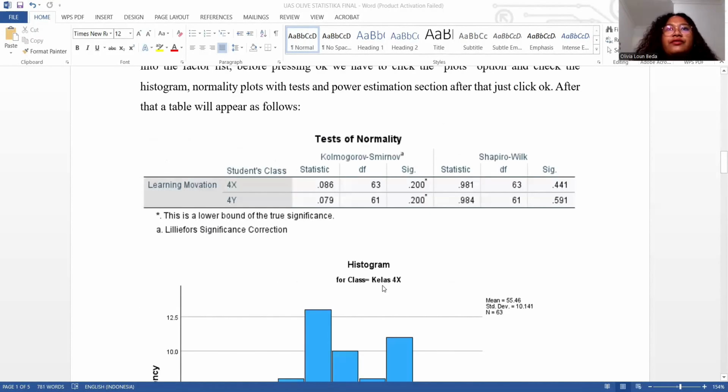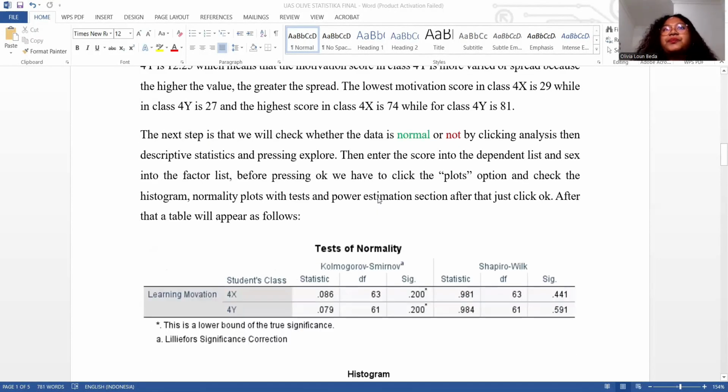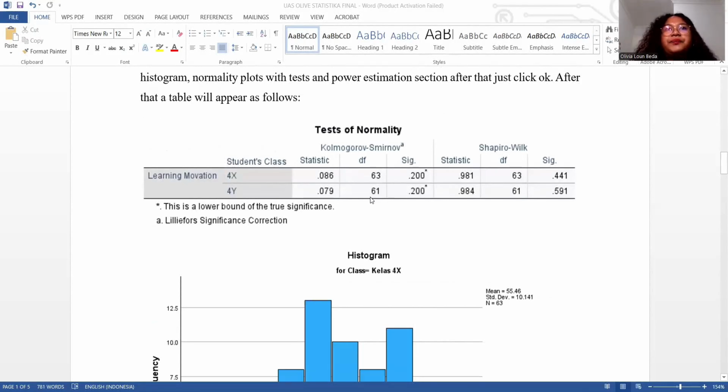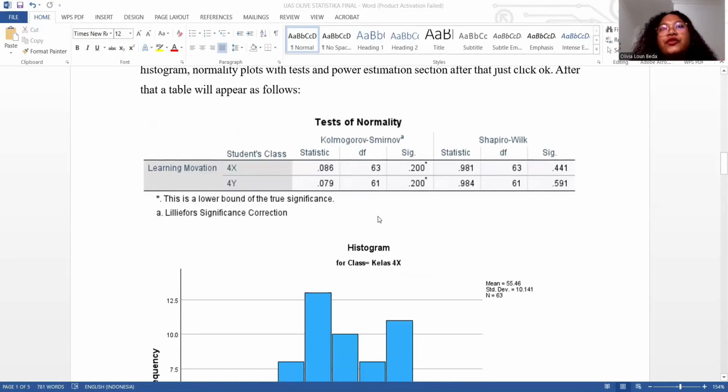Now let's talk about the first rule, the test of normality. This table is for the normality test.